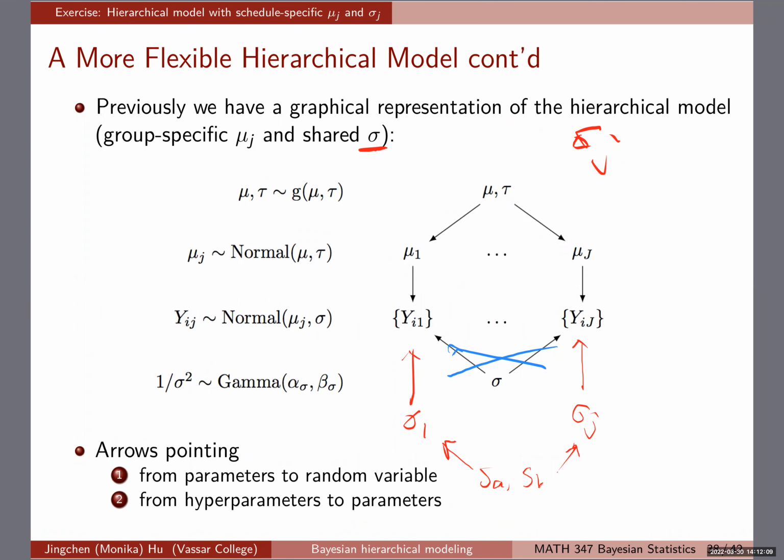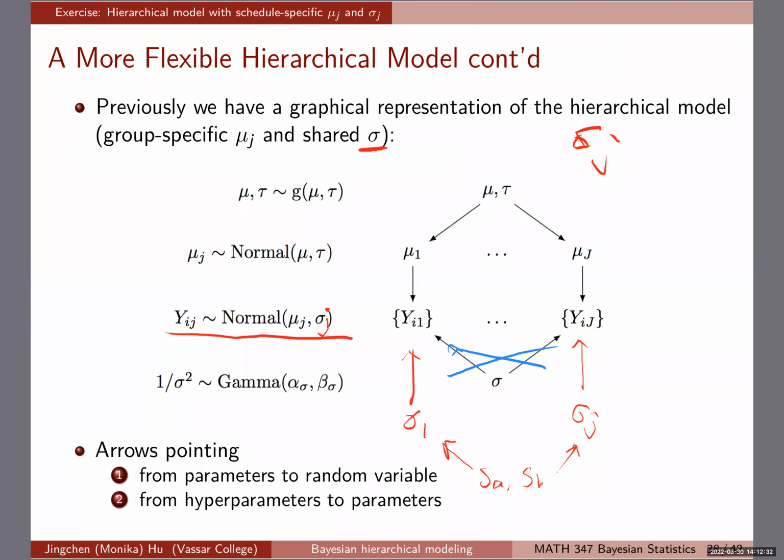Since for our model, if we start to have sigma j here, then we have a bunch of parameters about the mu j, so we can use the top part to represent the mu j's, and then we have the arrows one more time pointing from the parameter to the data, and from the hyperparameters to the parameters themselves.